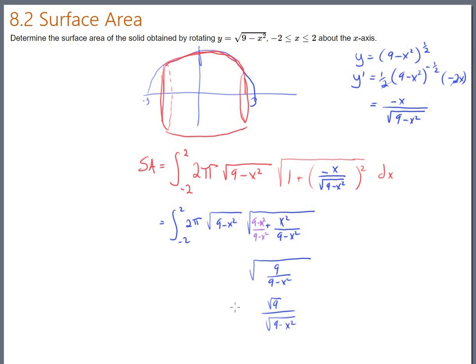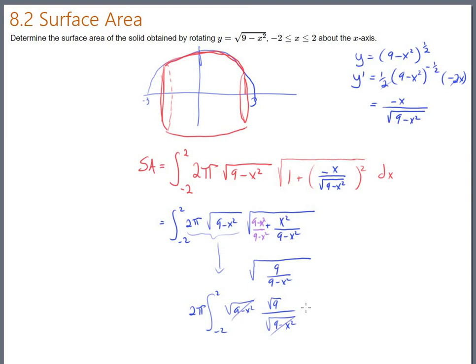And I'm actually starting to smile here because of the rest of my integral that I didn't copy down: the square root of 9 minus x squared, integral from negative 2 to 2. I'm going to move the 2 pi out front of the integral. It's a constant, so you can factor that out. And finally, those cancel.